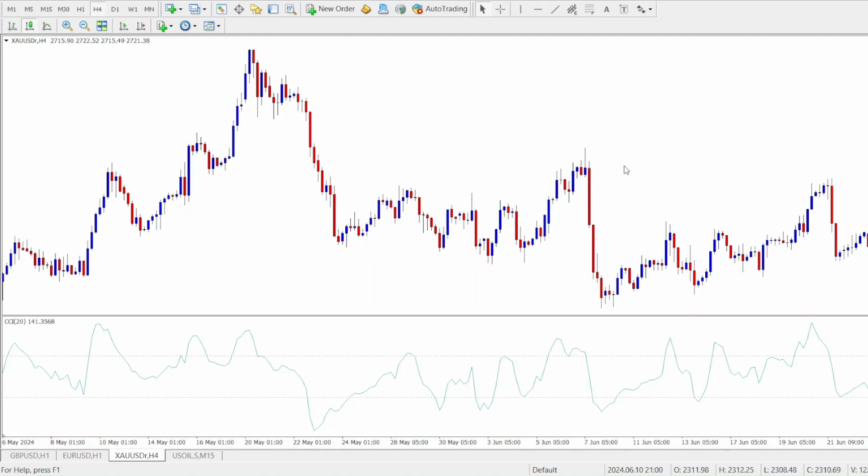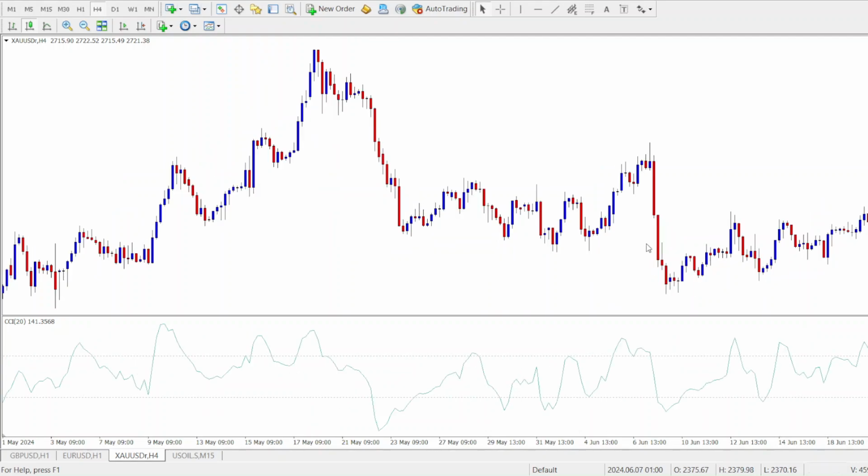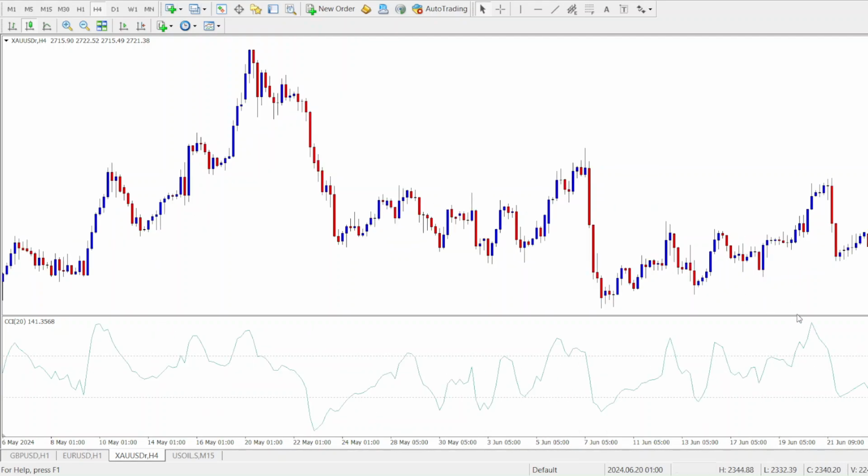So now the values are plotted on a chart and the indicator oscillates above and below zero. We can see that we have the zero line here, and then we have the 100 level here, and the minus 100 level here. High CCI values indicate values above plus 100.